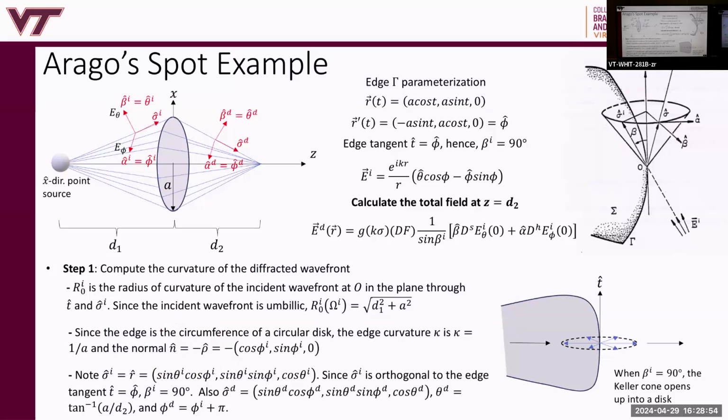Now, sigma incident here, this unit vector, since we're in this coordinate system where this is z and this is x, is just the unit vector r hat with the incident angles, theta incident, phi incident, the spherical angles of incidence.